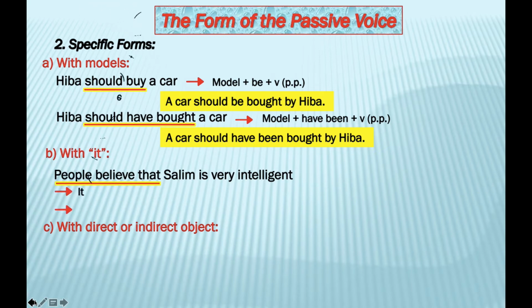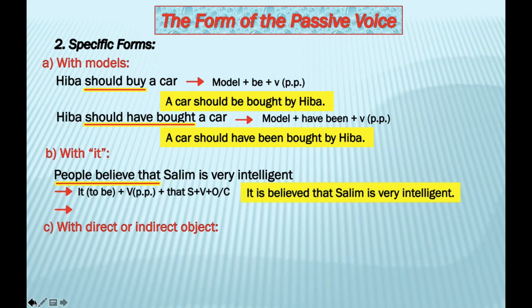The first one, we have it, to be, plus verb past participle plus that, and we keep this sentence as it is, like, it is believed that Salim is very intelligent.